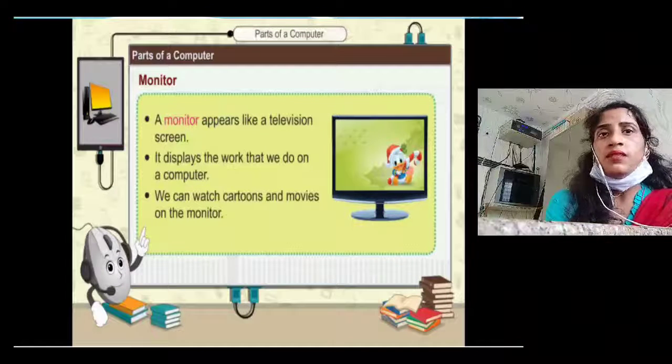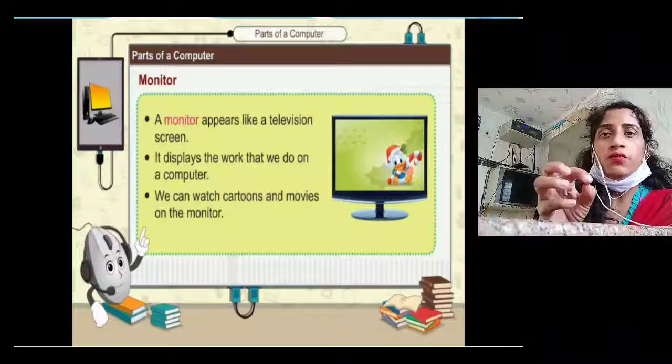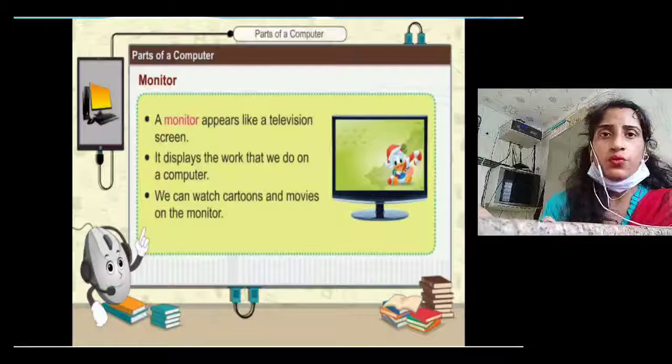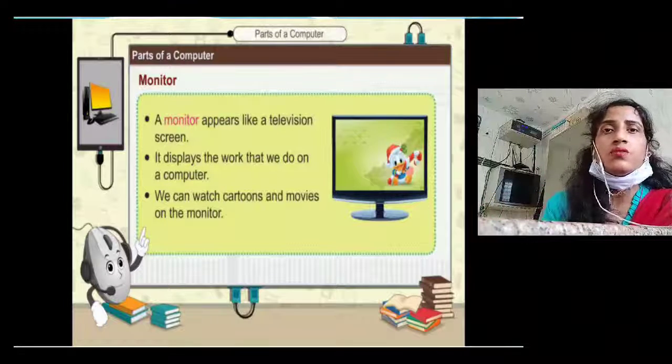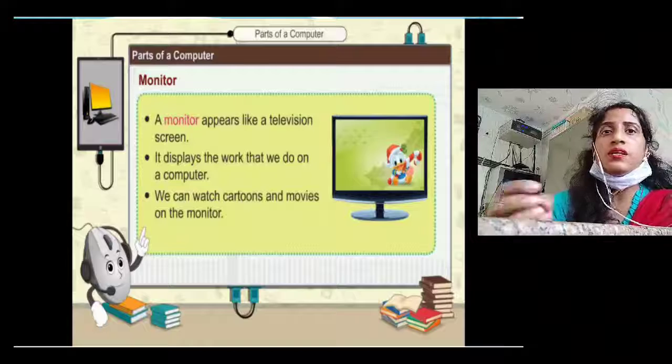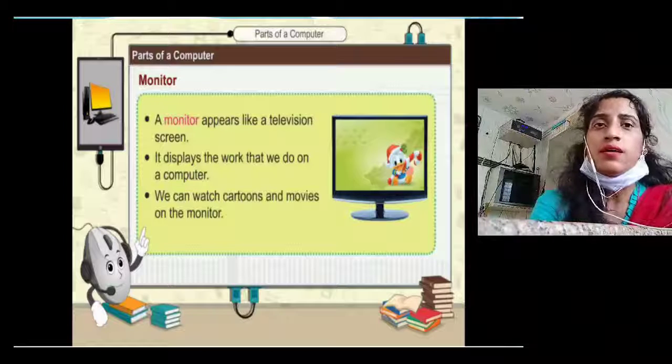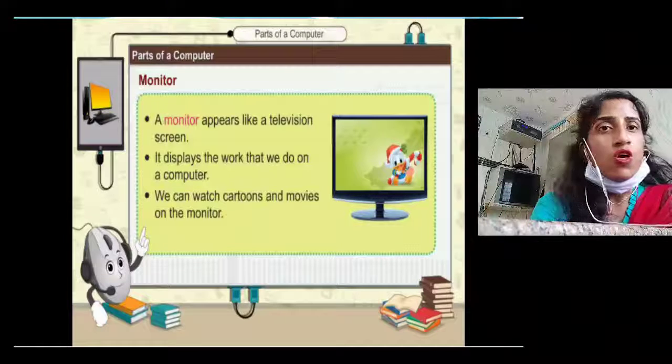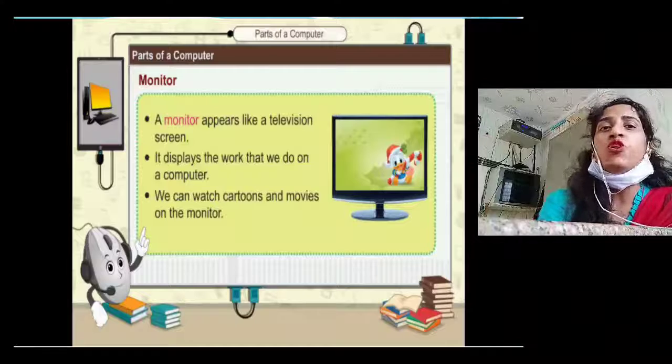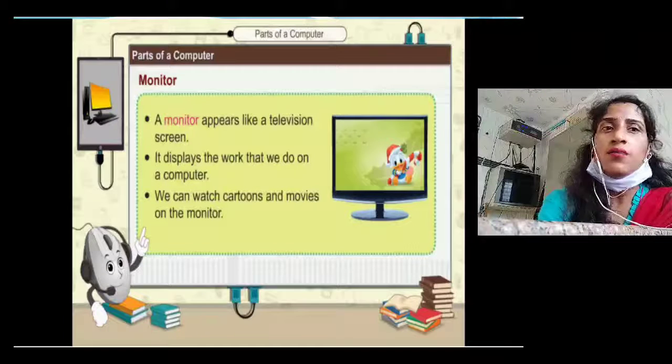It displays the work that we do on a computer. That means it displays the output of the work you do with the help of the keyboard. We can watch cartoons and movies on the monitor.